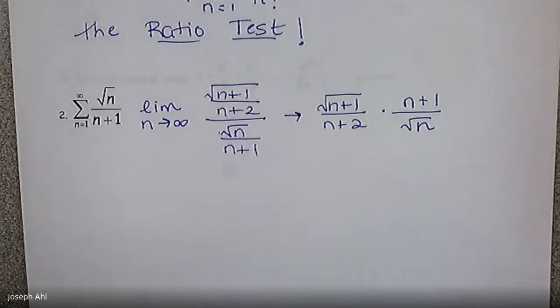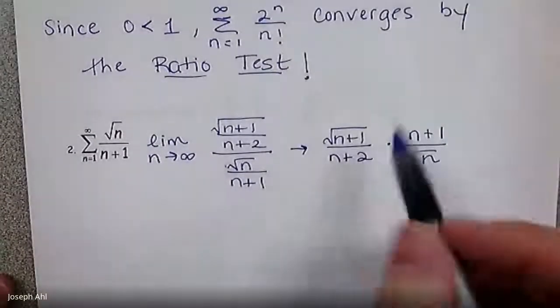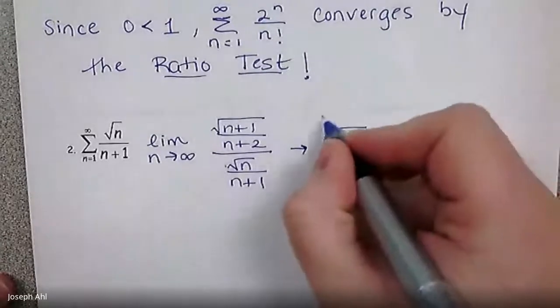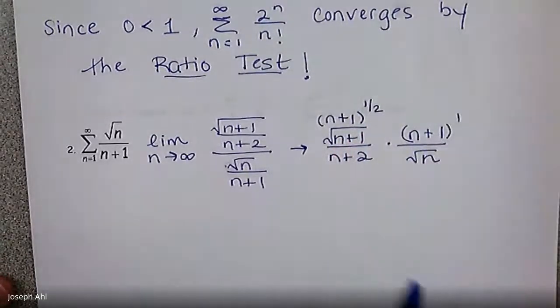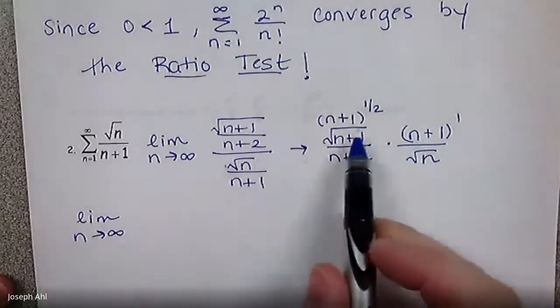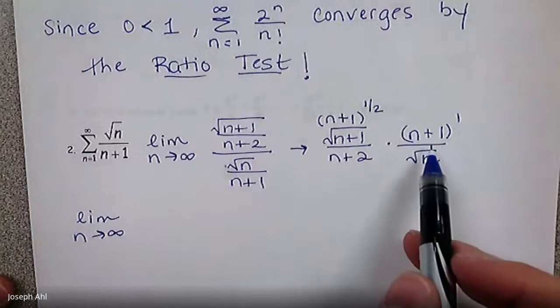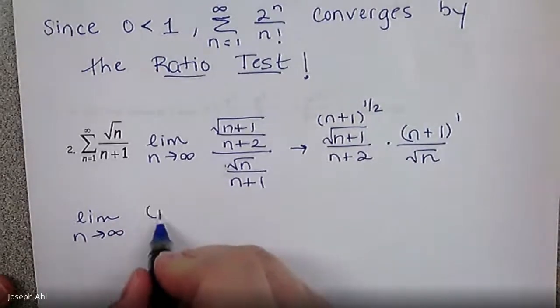Okay, so the cleanup on this one is not as nice because I don't see the factorials and common base 2's that nicely cancel out. But we do have the same quantity in the numerator. This is n plus 1 to the 1/2, and this is n plus 1 to the first right now. So we could write that as the limit as n goes to infinity of n plus 1 to the, add those exponents, so now it's to the 3/2 power.